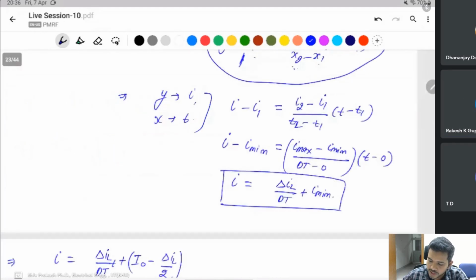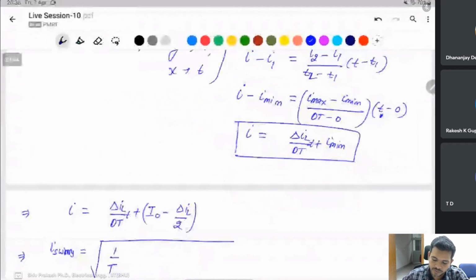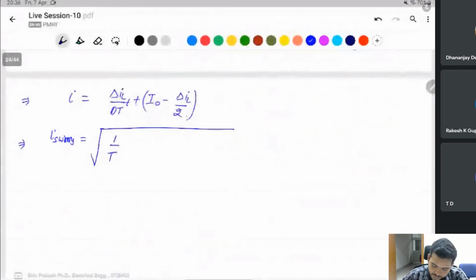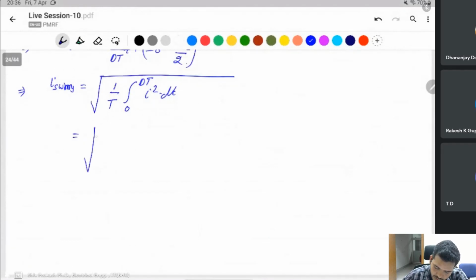This one t, this t minus 0, I am missing this one. Integration of this from 0 to the time period of I square into dt. I RMS square, so I take 1 by T.